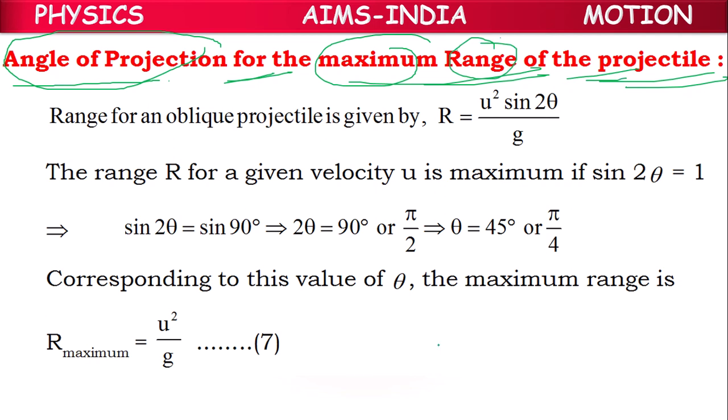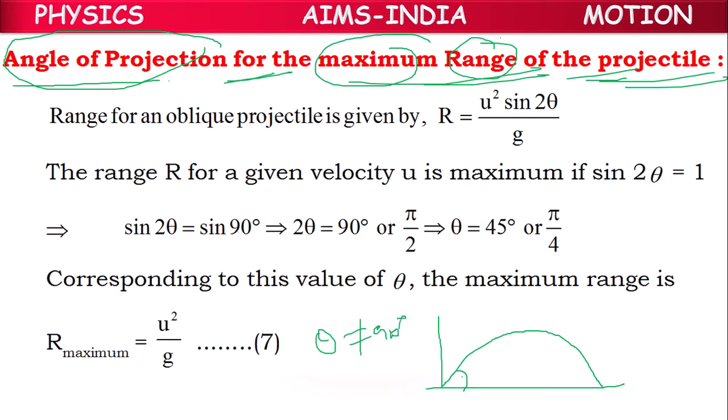So what is the range, children? An oblique projectile means a projectile thrown upwards with an angle theta other than 90 degrees.